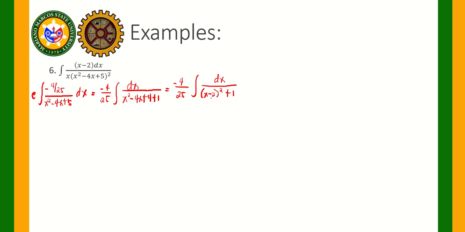Okay. So, gaya ng ginawa natin sa example number 5, ginamit natin si trigonometric substitution. So, let u be equal to x minus 2. And since this is u squared plus a squared, gagamitin natin na substitution is u is equal to a tangent theta. Okay? So, a tangent theta.